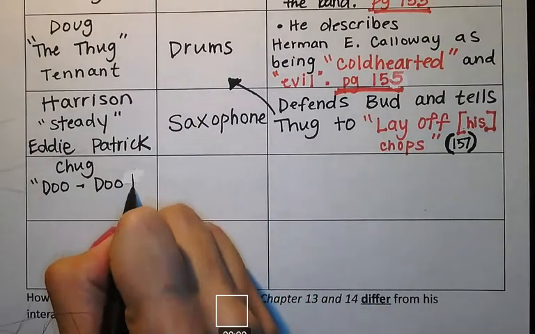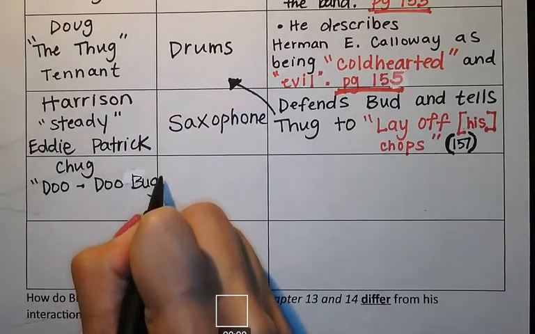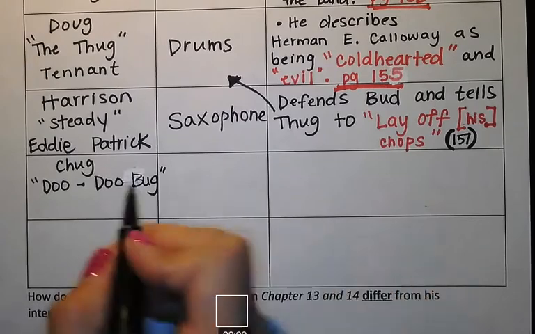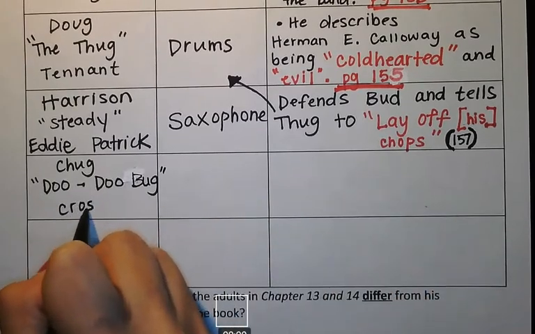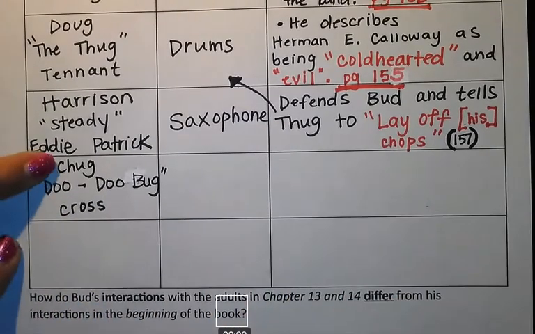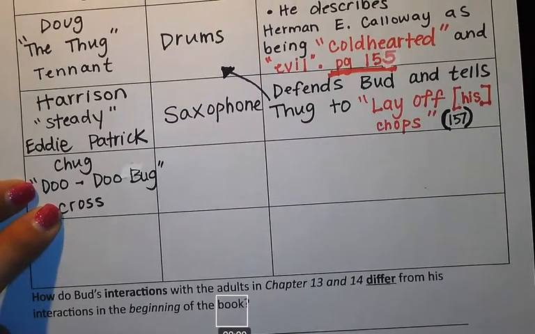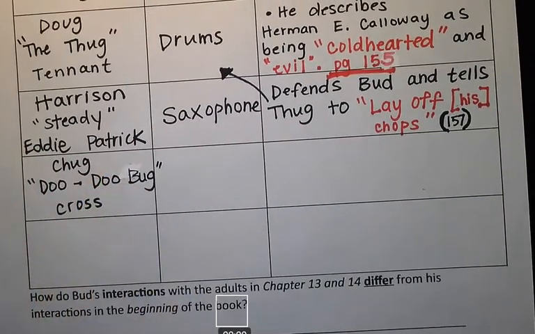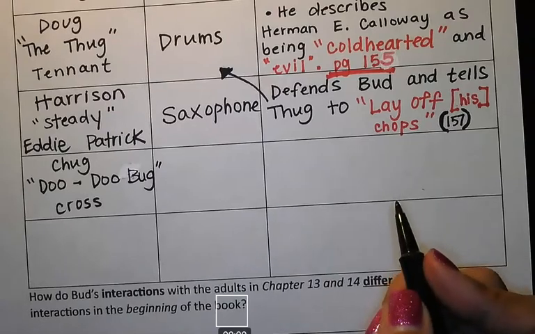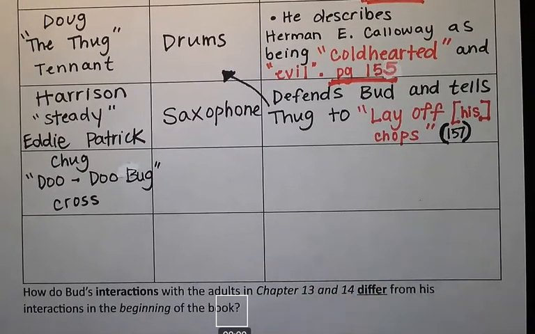Do bug. So that's actually like together, right? Chug, do bug, cross. So the man's name is actually Chug Cross, right? But they have a nickname. So do bug is his nickname. That is actually going to be the trombone player, like I mentioned.